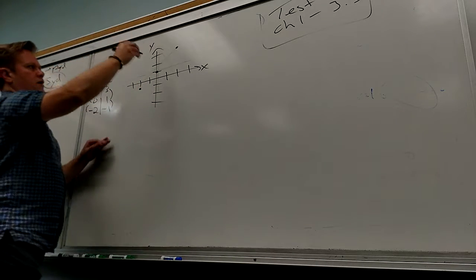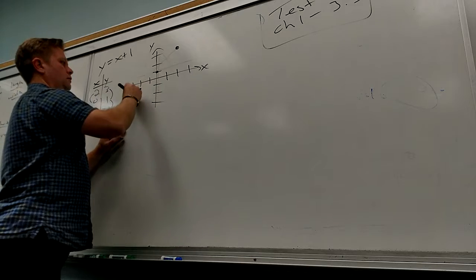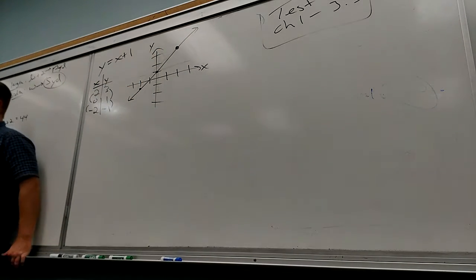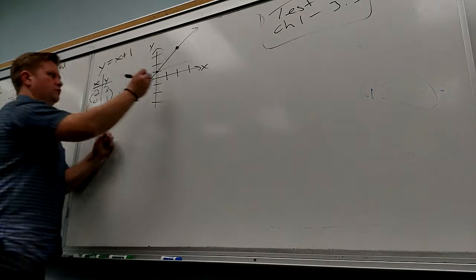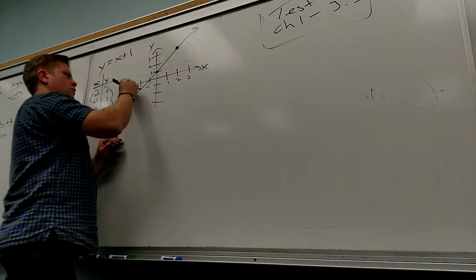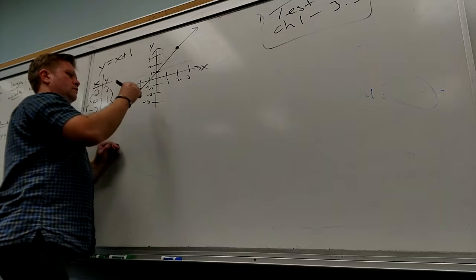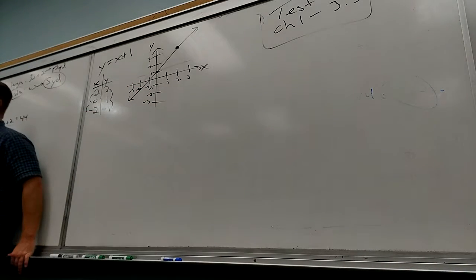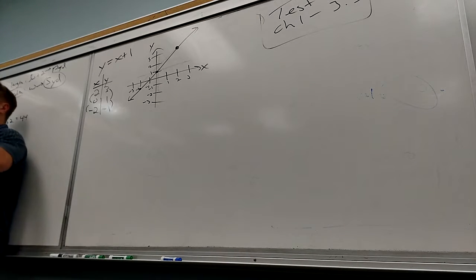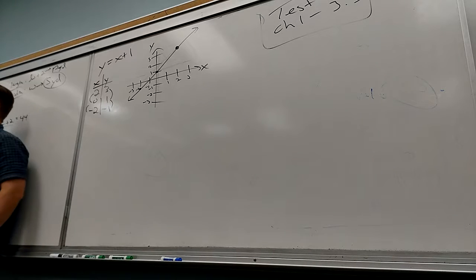Thank God they sort of line up. This is what I want to see. There's one section of homework where they really throw some funky points at you, and the whole point of it is, can you pick a good scale?